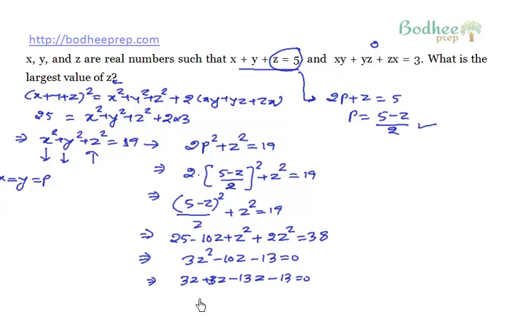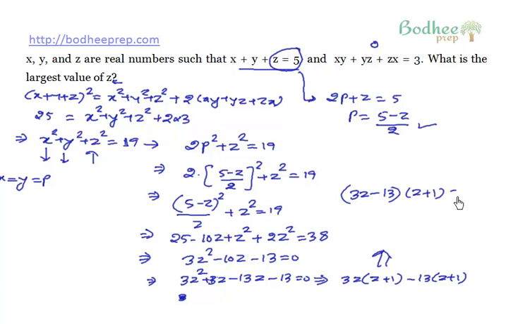So I can write this as 3z times z plus 1 minus 13 times z plus 1, or the factorization of this will be 3z minus 13 and z plus 1 equal to 0.